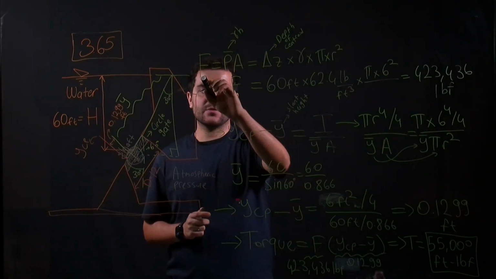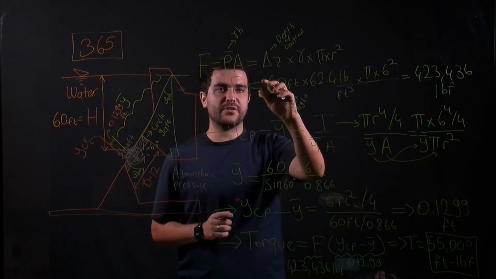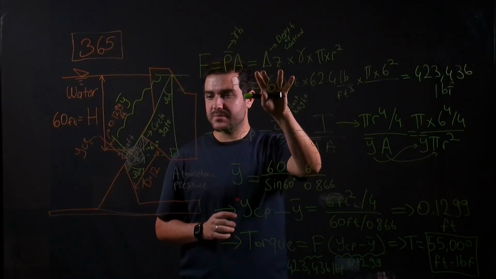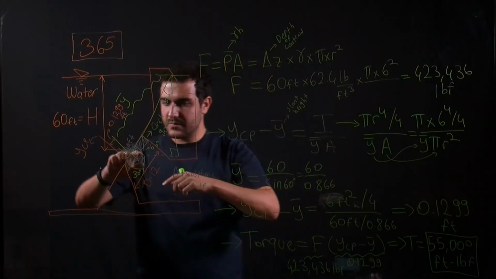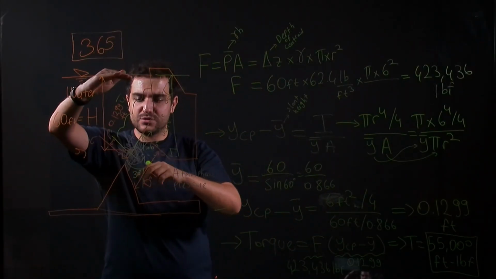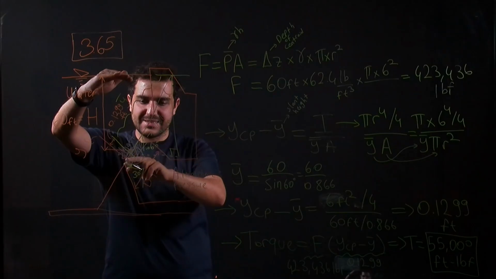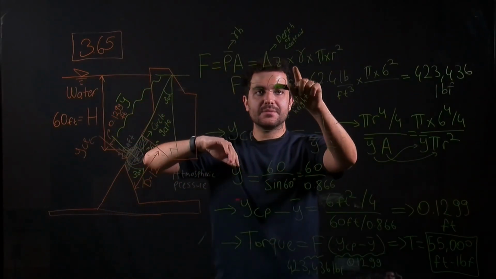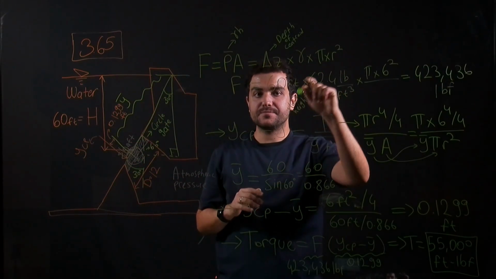So first we need the depth of centroid, which is the depth from the water surface to the center of this gate, times specific weight times area.